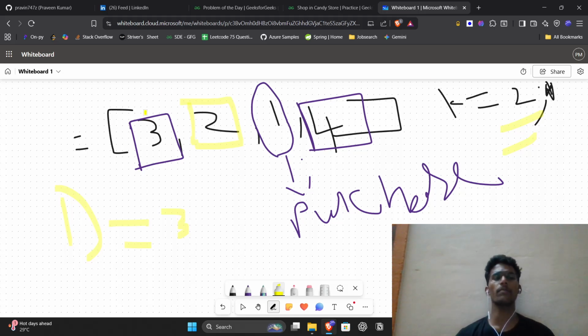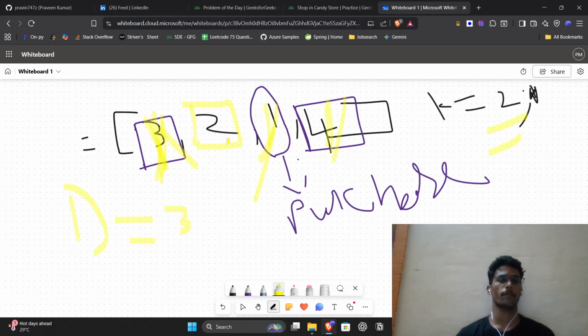I try to get this one, but this is already sold, which means it doesn't exist. No such candies exist in this particular step. The list is empty if you purchase this now. So we acquire all the candies with this approach.